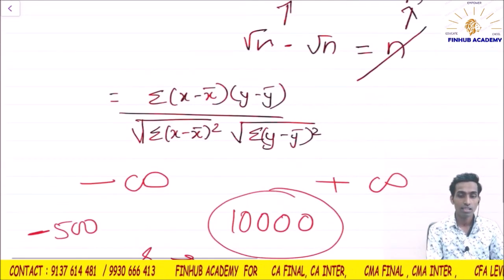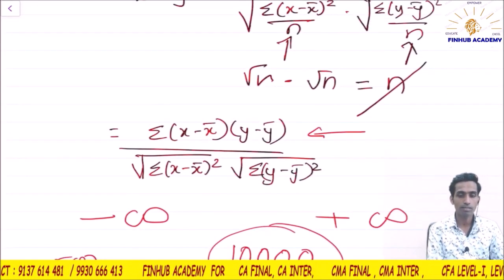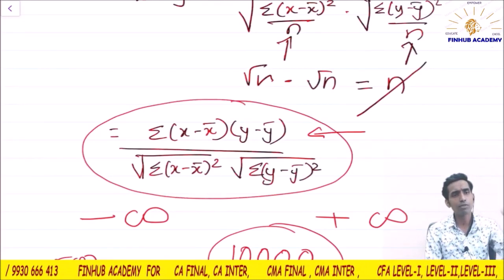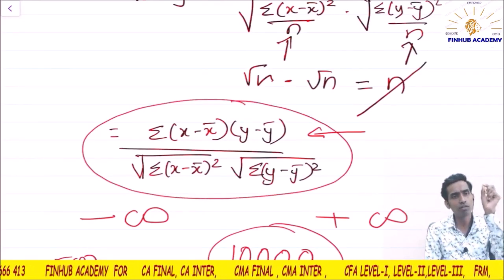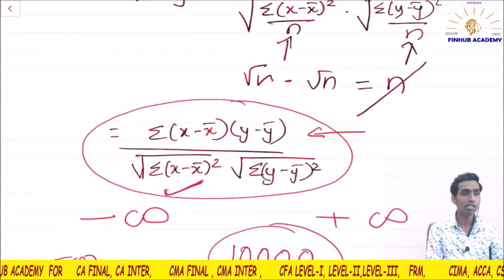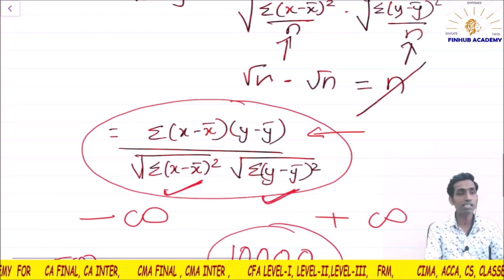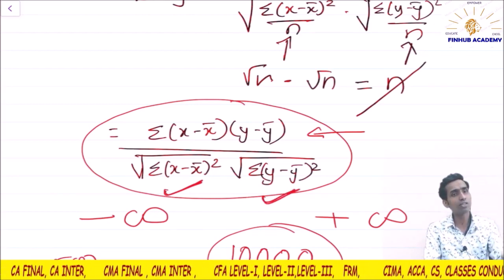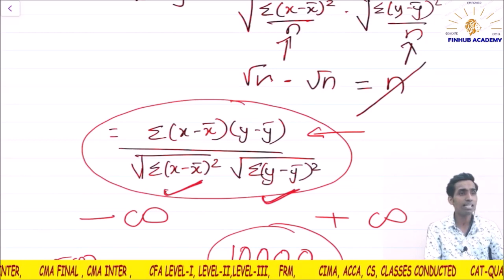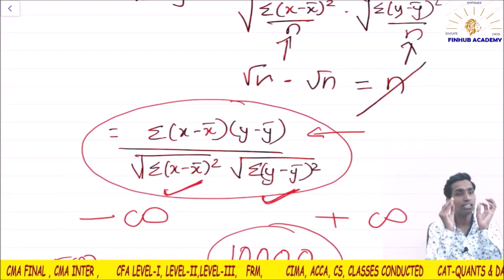Listen, this is the formula for R. Standard deviation, if you remember what I said, will always be positive, correct? So these two will always be positive. Then R cannot get a negative sign from the denominator.